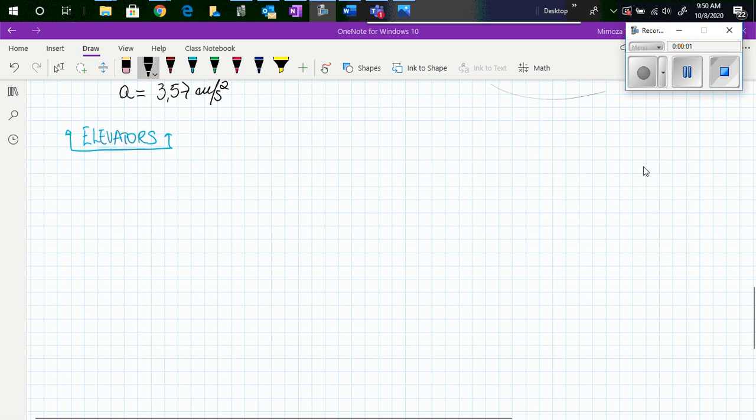Elevators. I will try to draw a picture of the elevator here, but my drawing is not the best. So the way that elevators work: here is the cabin that people go in, and then we have a bunch of strings that the elevator is tied with, and a pulley system that makes it go up and down.